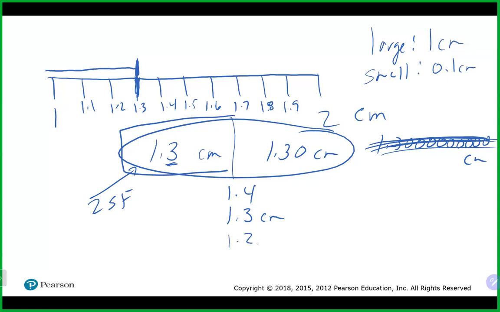Or it could be as low as 1.2. And if we look at where it is in the actual picture, it's really nowhere near either of those numbers, right? So that is a big amount of error, a big amount of I'm not really sure where it's at, which unfortunately on this particular ruler, you could actually do better. So you would not want to do that, right?